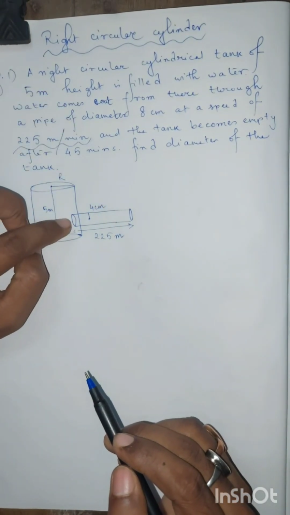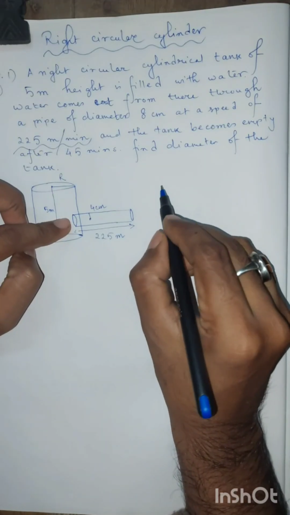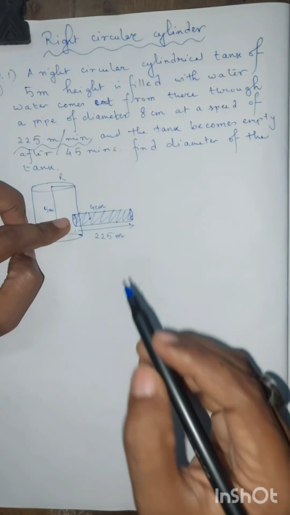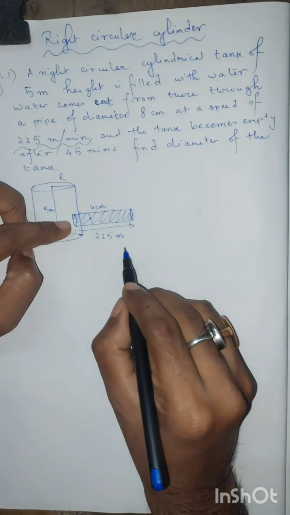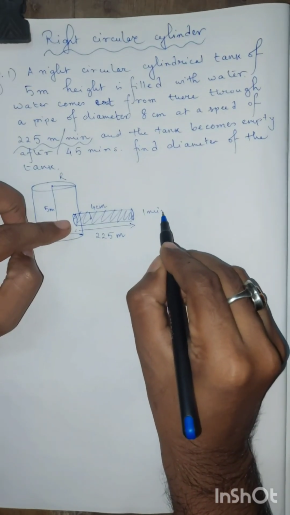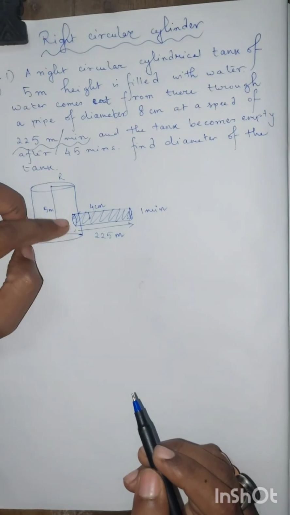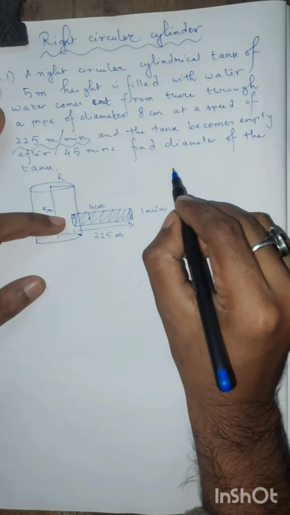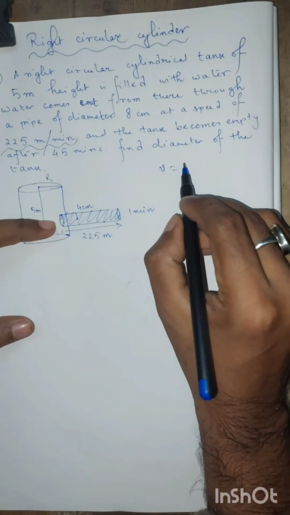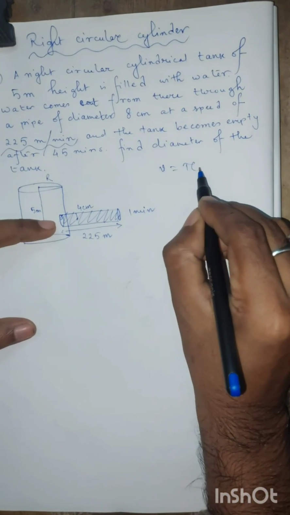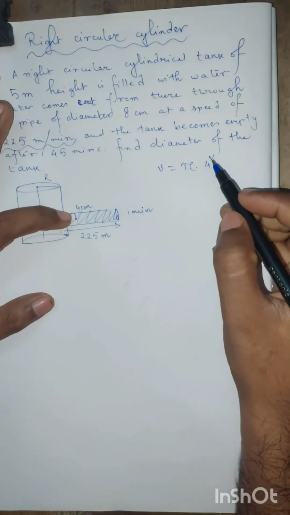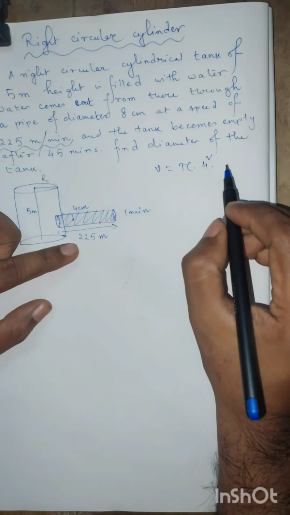So the volume of this water column, let us write it small v, the volume of water inside this pipe, formed in 1 minute time. The volume of it is, we know, pi into r square, r is 4, into h.